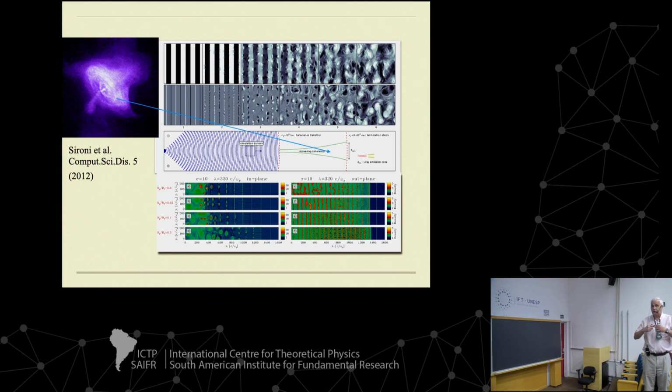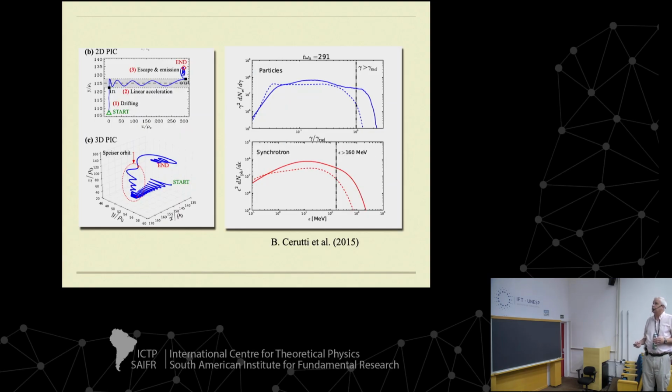And if the reconnection event points to you, you will see a strong and very quick flare of synchrotron radiation by the electrons that are accelerated. These are simulations of how the regime changes as you get away from the pulsar. So you see that turbulence starts to appear, and here you have these reconnection events.